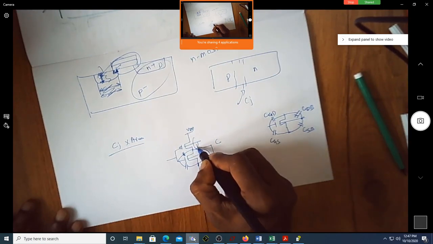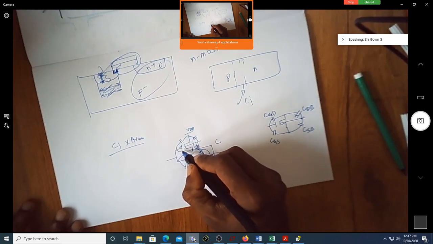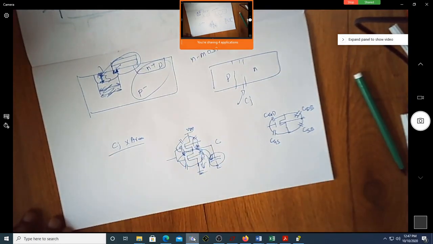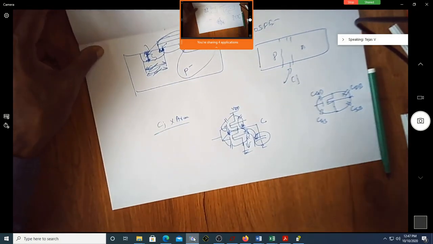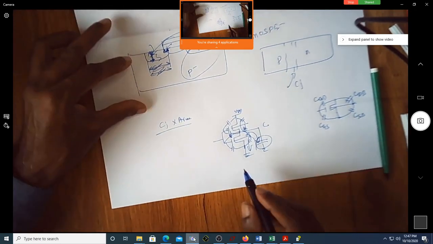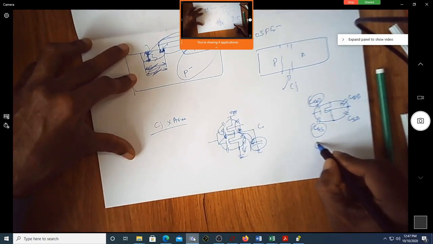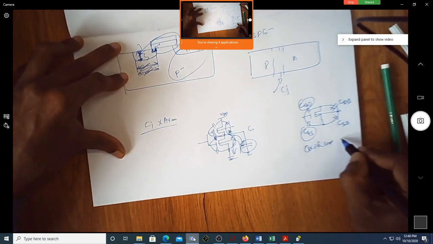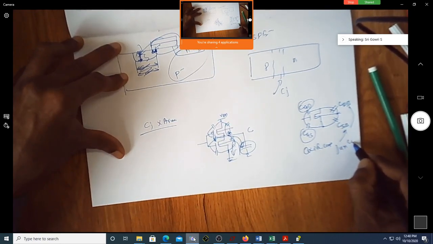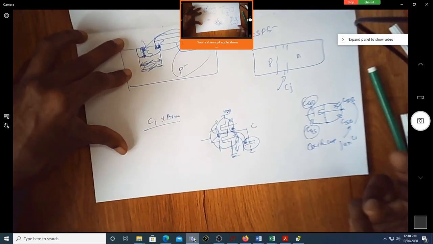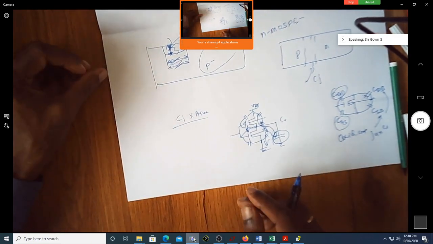You have lots of capacitance. What are these capacitances called? Parasitic capacitance, because they are not exclusively put there, they exist because of the structure. Whatever CGD, CGS you have, they are all oxide capacitance. Correct? What about these two? Junction capacitance, or diffusion capacitance. They are due to the junction formed by the diffusion of n-type material onto p.